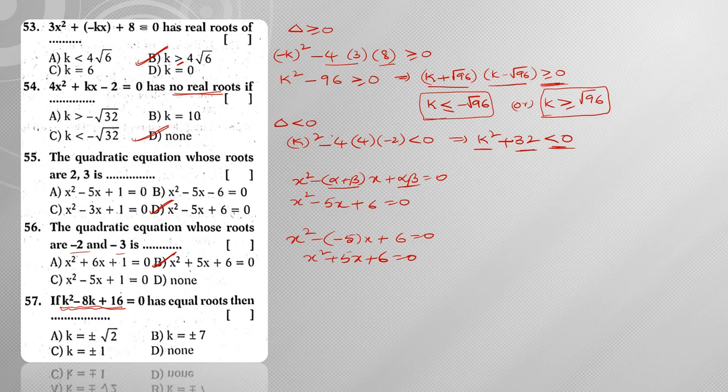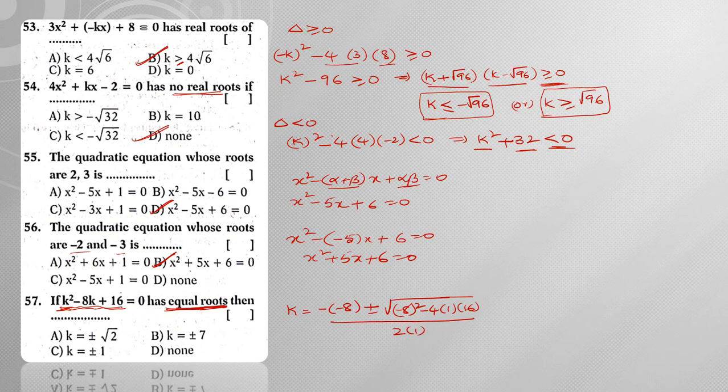Simply see that to find the equal roots we are going to obtain the equal roots. So here the value of k is nothing but the roots. So for that, what is the formula? K is equal to minus b, that means minus of minus 8 plus or minus square root of minus 8 whole square minus 4 into 1 into 16 by 2a.